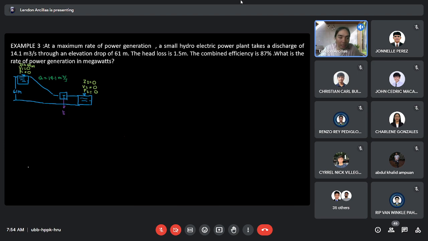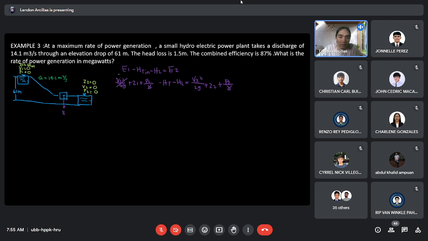So the formula here, since we're using head turbine, is E1 minus HT in minus head loss equal to E2. So that is V1 squared over 2G plus Z1 plus P1 over the specific weight minus HT minus HL equal to V sub 2 squared over 2G plus Z sub 2 plus P2 over the specific weight.